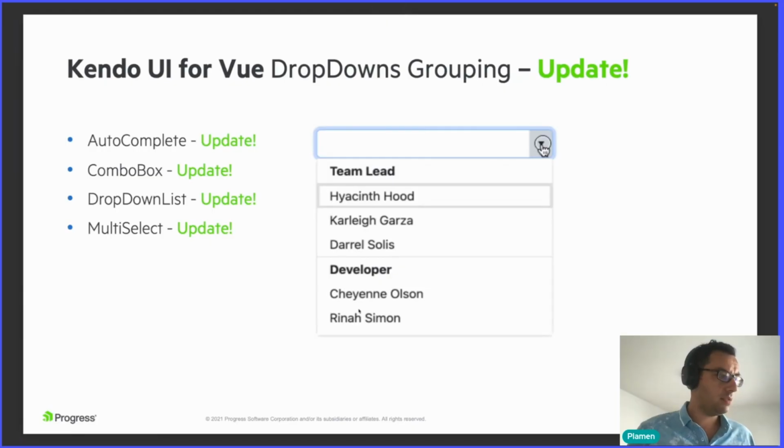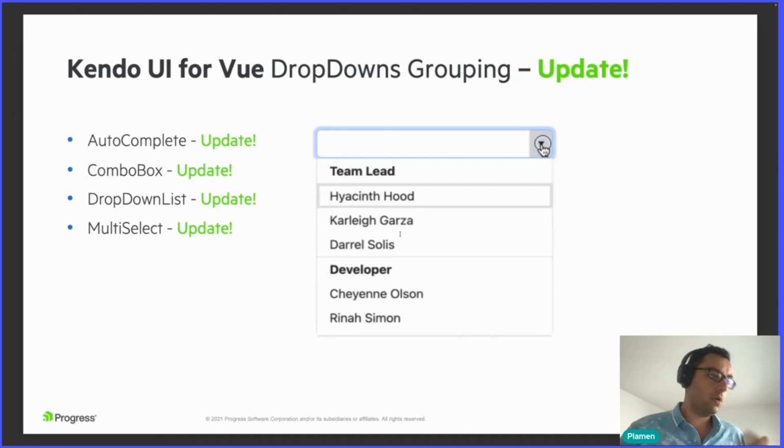The next thing is the grouping. Grouping was one of the most voted, most wanted things. Why do we need it? Well, most of the open source dropdowns that you can go and try to find don't have grouping, and it provides a great possibility for users to have the items in the dropdown grouped in some way.